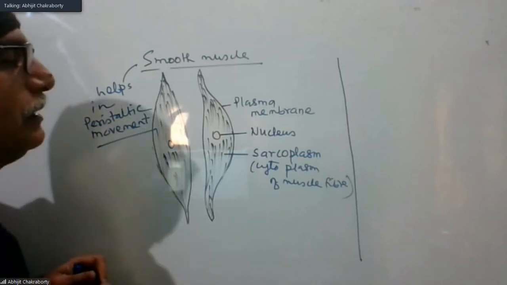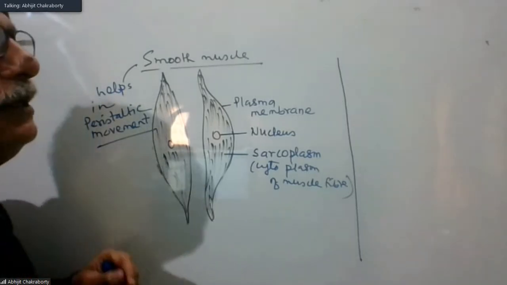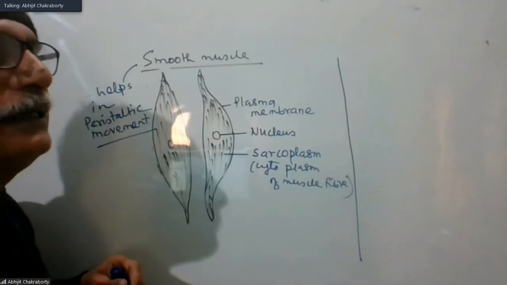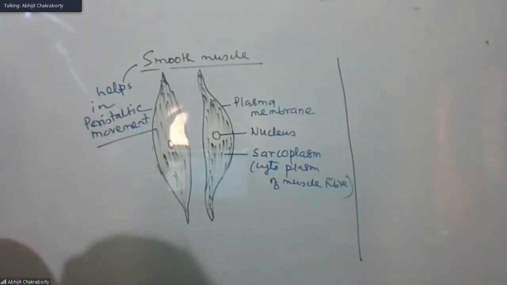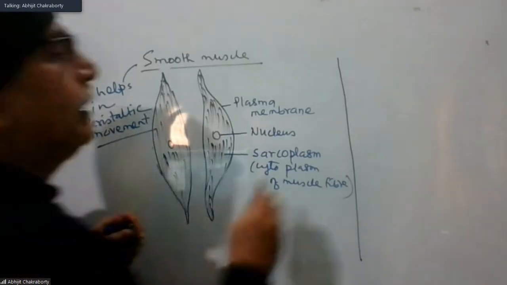In case of cardiac muscle, it is found in the visceral organs mainly. I think I discussed why cardiac muscle never gets fatigued. And in the cardiac muscle, you will get some intercalated discs to join different cardiac muscles together.